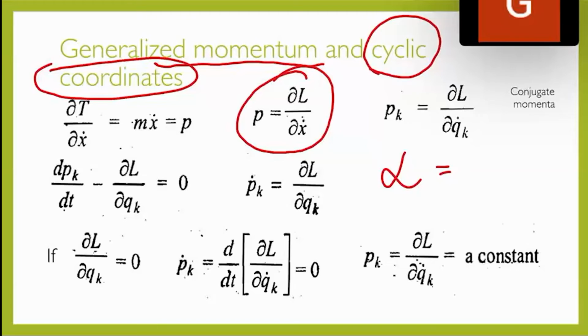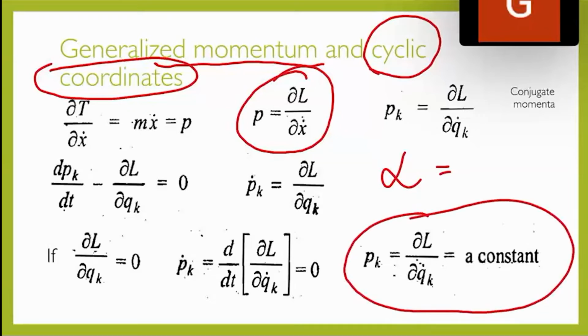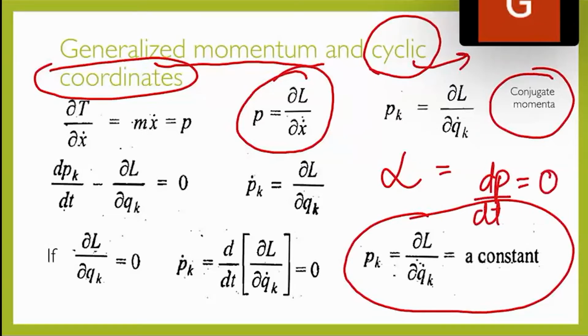This is of great importance because if you identify a cyclic coordinate, then the momentum corresponding to it, its conjugate momentum, has dp by dt equal to 0. That is, its conjugate momentum is a constant of motion.